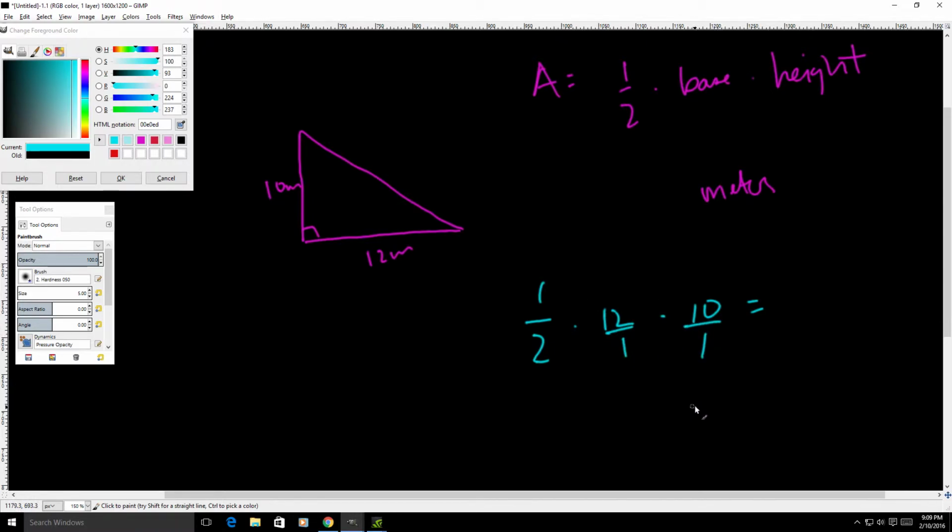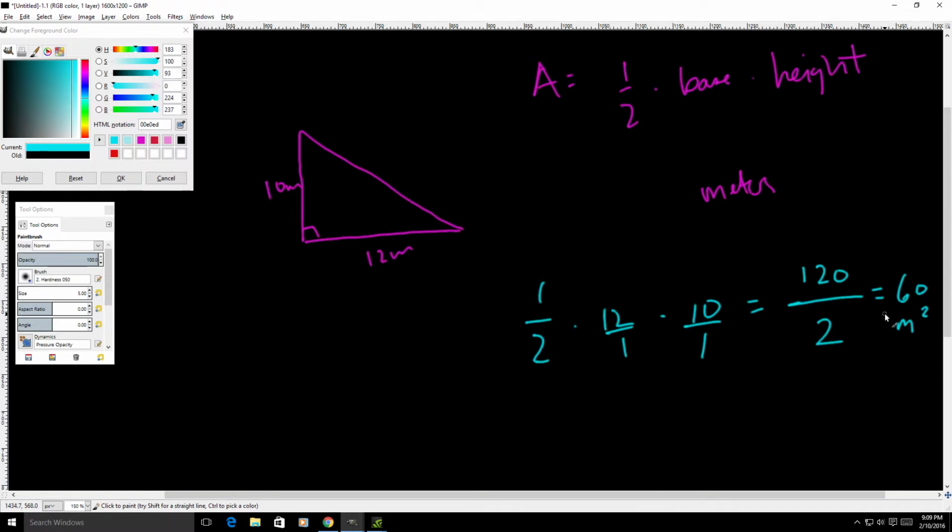Sometimes I consider these fractions if you just want to do it the way we've been doing it. So 1 times 12 times 10 is 120. 2 times 1 times 1 is 2. And we can simplify this to 60 meters squared. So that'll be the answer to that one without getting too crazy into it.